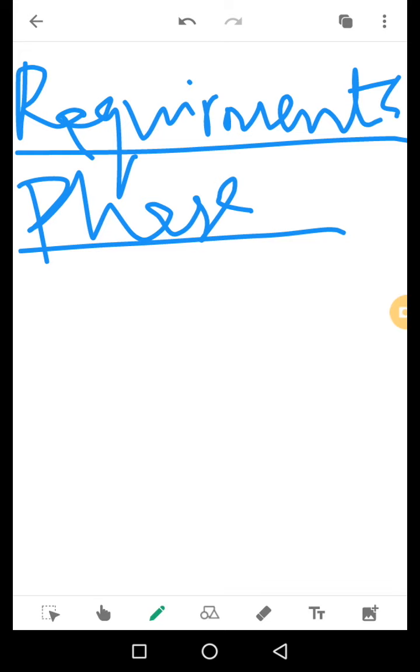Okay. So the requirement phase may be divided into requirement elicitation. When we say requirement elicitation, it means gathering the requirements from stakeholders. Are you getting it now? That is, under requirement elicitation, the requirements will be gathered, will be obtained, from stakeholders.